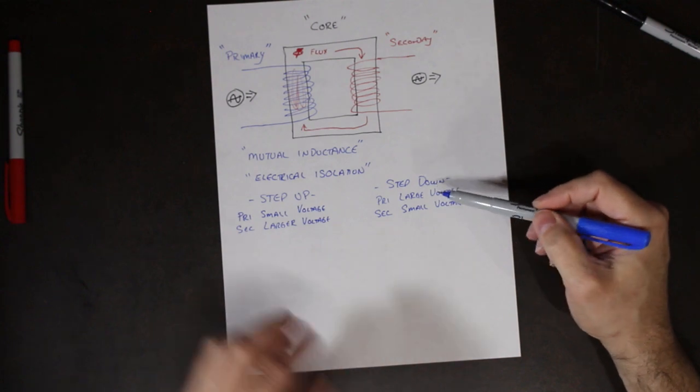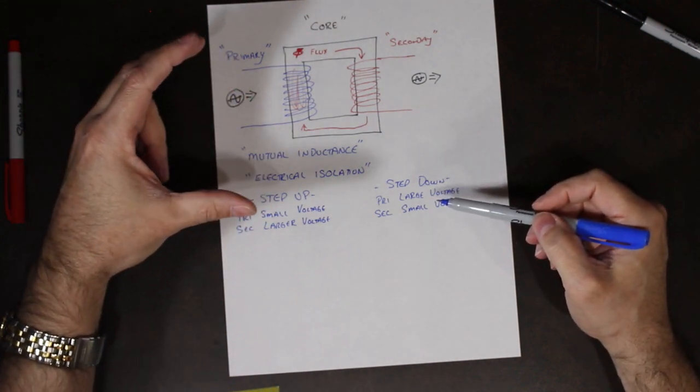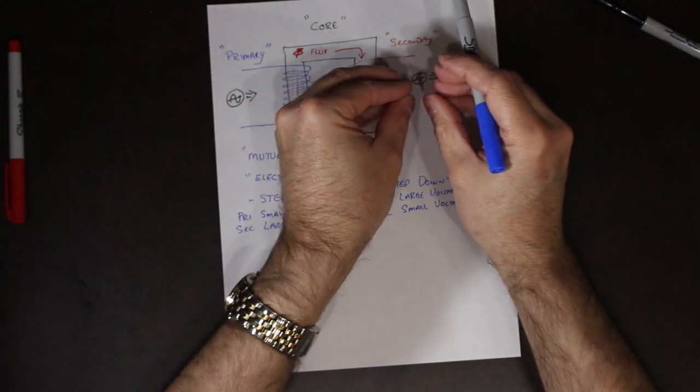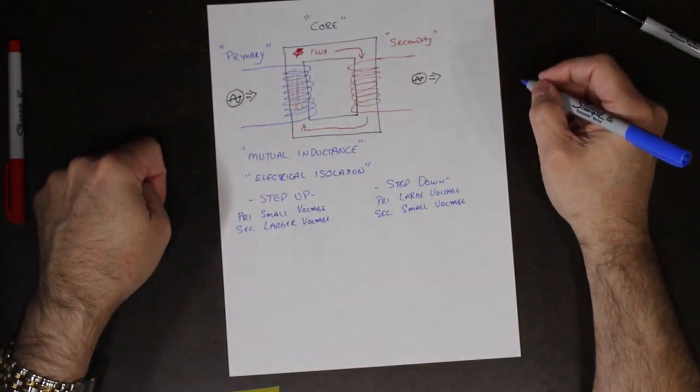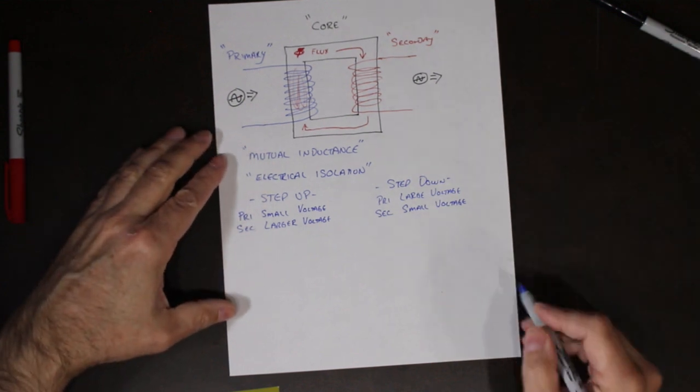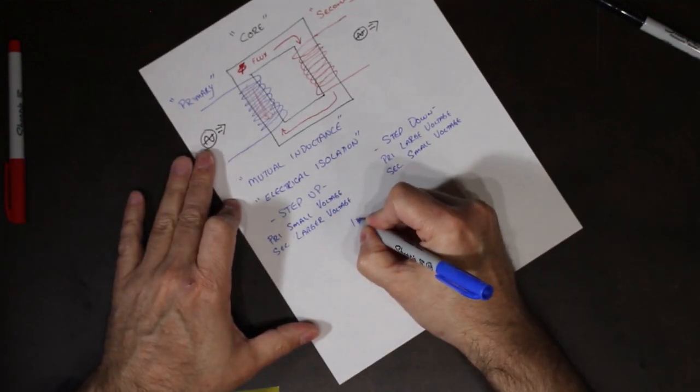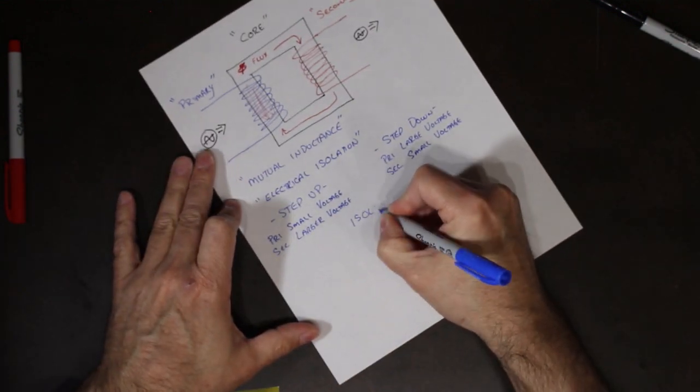Step down means that the value on the primary side is larger and the resulting value on the secondary is smaller. There's also something known as an isolation transformer.